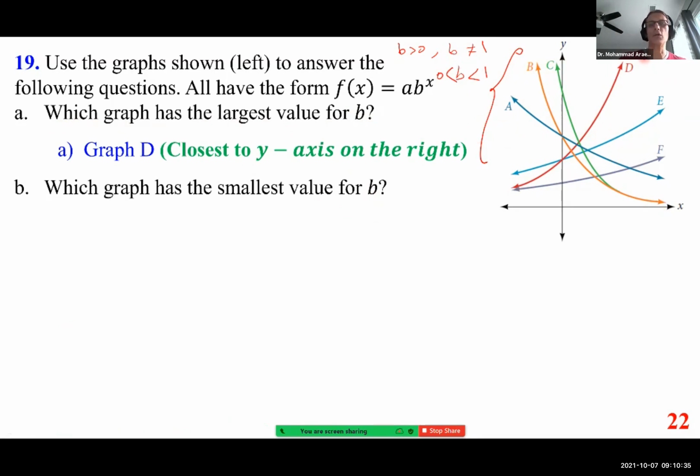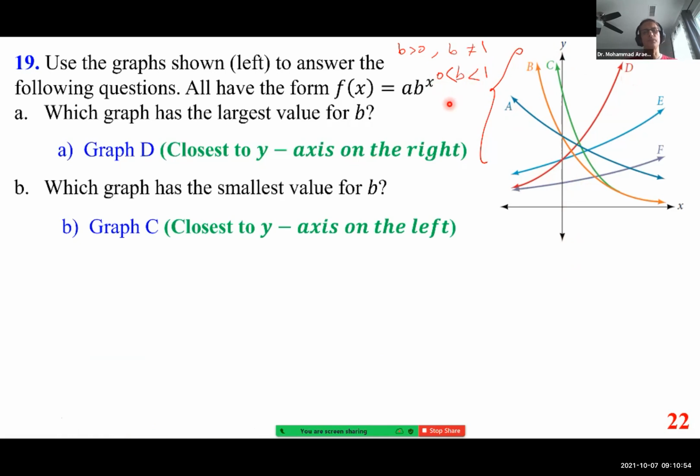And the one that is closest to the y-axis, it rises faster, has a larger base, and therefore the answer is D. On the other hand, on the left side of the y-axis, they have values between 0 and 1, and the closest to y has the smallest value, and that makes it graph C.